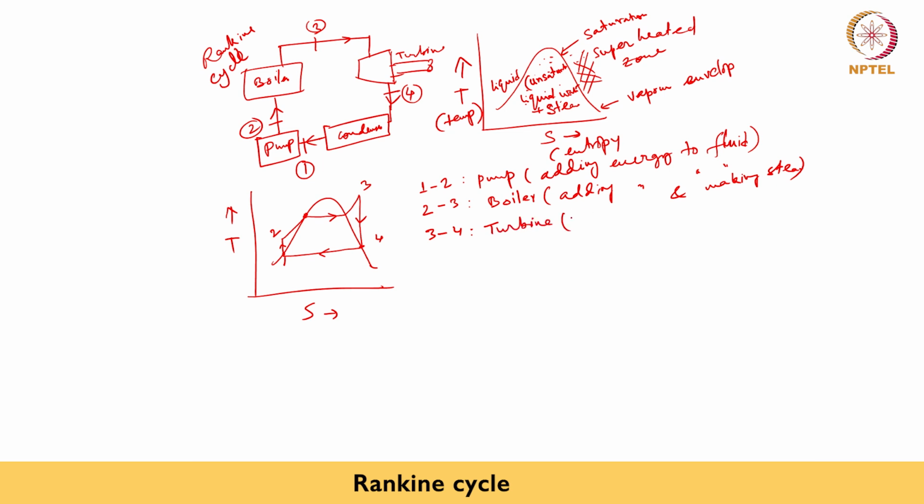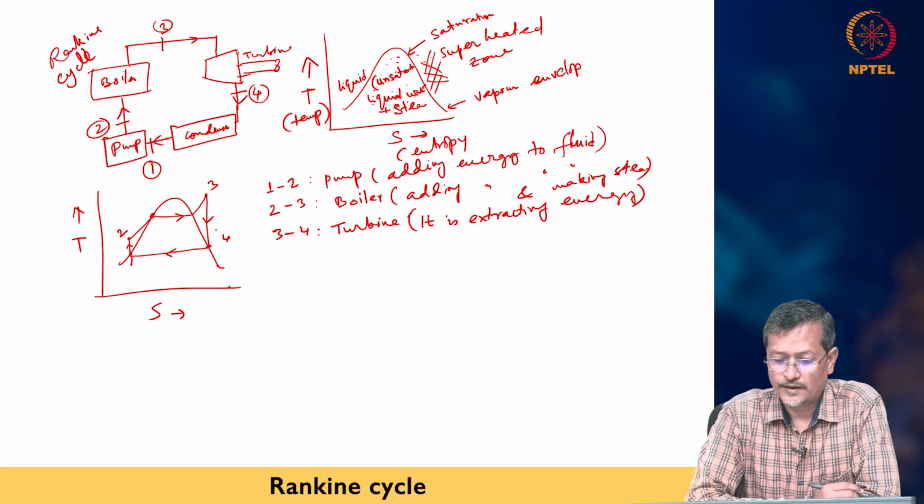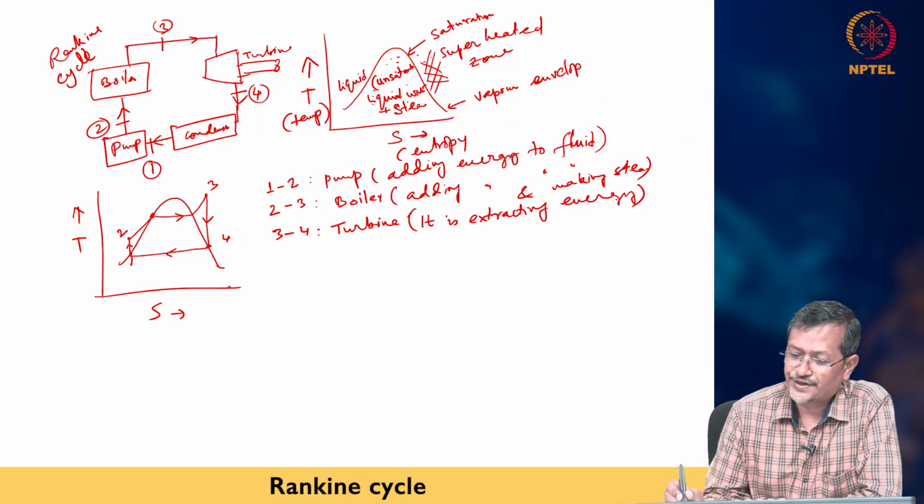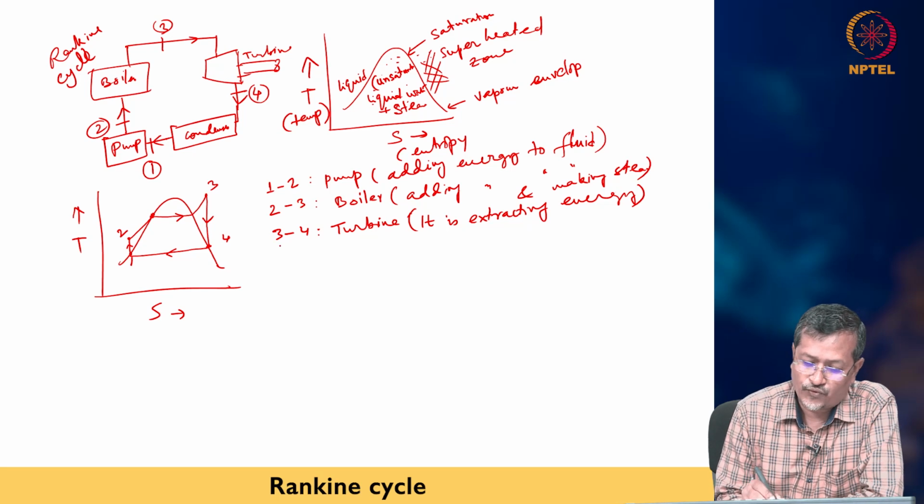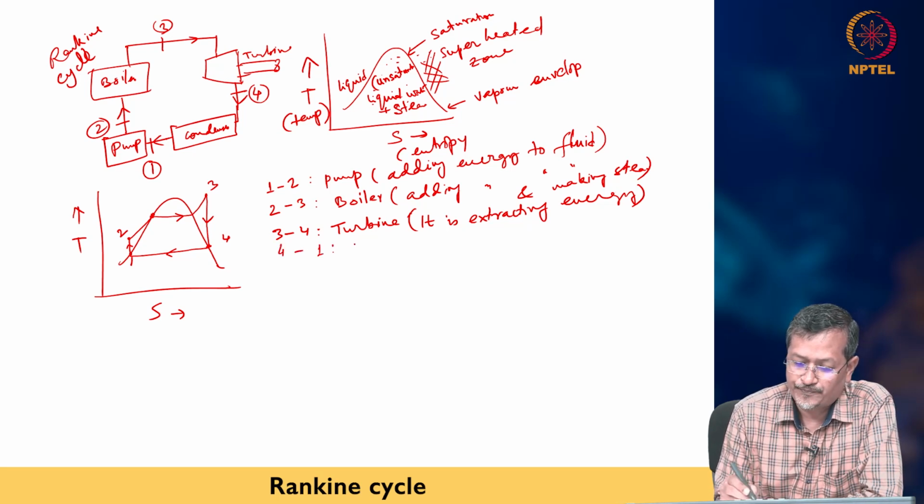What is it doing? It is extracting energy. If you have any steam turbine, you can see any locomotive or any steam turbine, national thermal plant, 3 to 4 turbine is extracting energy, and 4 to 1 is the condenser. So what is it doing?